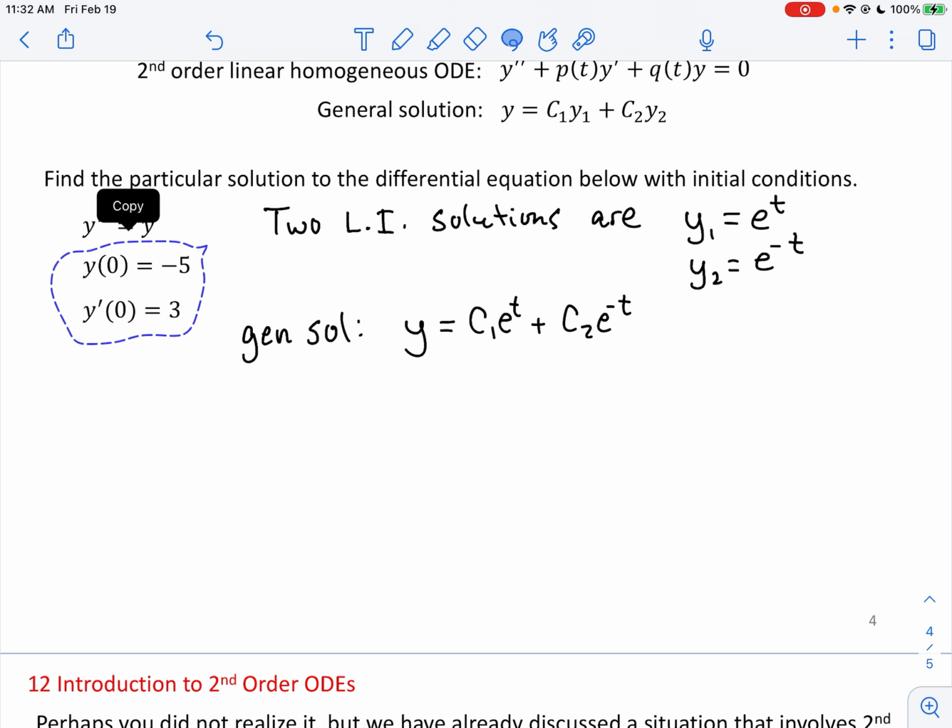In fact, every derivative of y below the degree of the equation. So this is a second order equation. So we got to have zeroth order information and first order information. If this was a third degree, then I would want to know up to y double prime in order to get a particular solution to a third degree. But this is just on second order. This whole unit is on second order, so that's what we're focusing on.